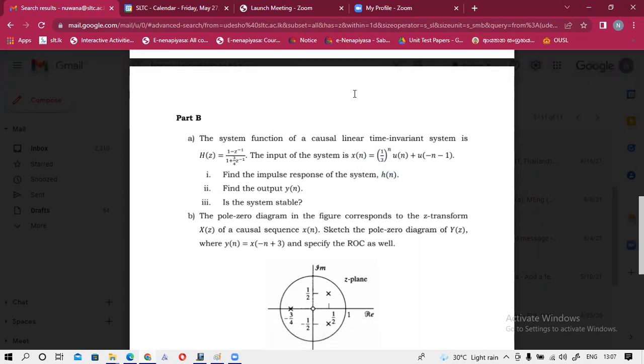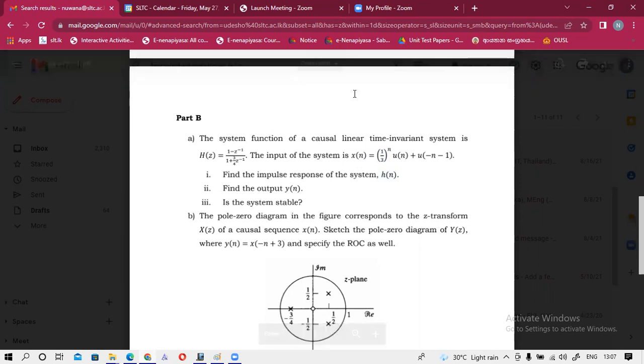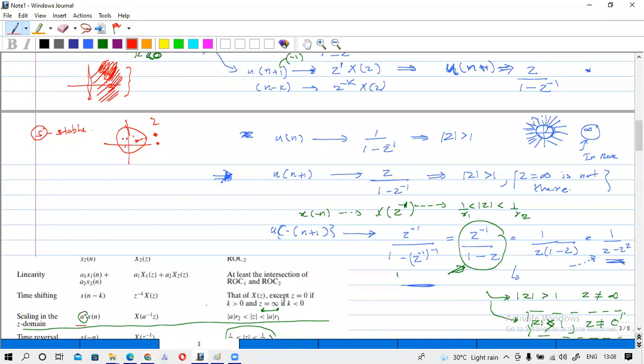I think you don't need to use the partial fraction method. You can simply get this. So how to get this? You can write this as 1 by (1 - 3/4 z^-1) minus z^-1 by (1 + 3/4 z^-1). Simply you can write this way.